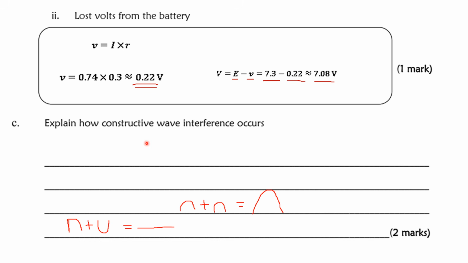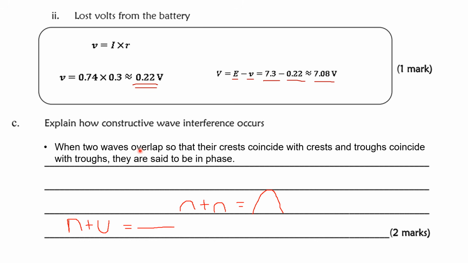So we are asked to describe this one here for 2 marks. Right, so when two waves overlap, so that their crests coincide. To coincide means that the two crests are like this. So you have this wave coinciding with another one.